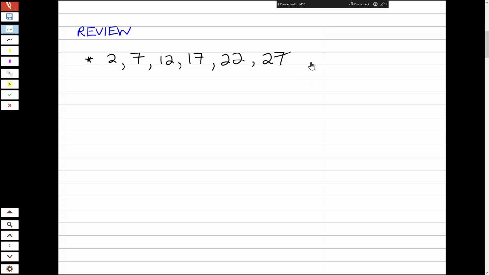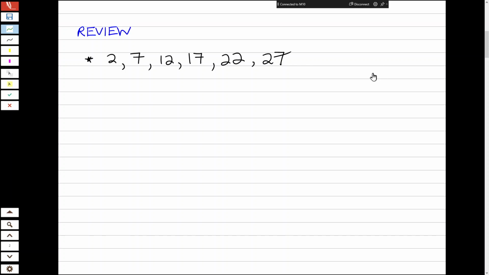Yep, that's right. So we described what was happening in the pattern, and we also continued. So we asked, what comes next?